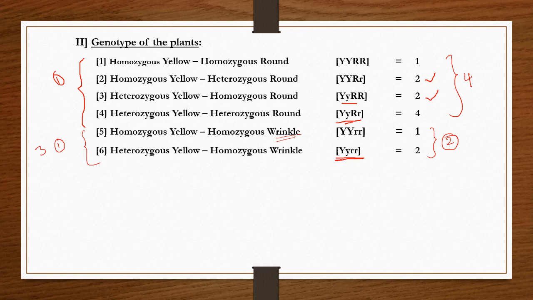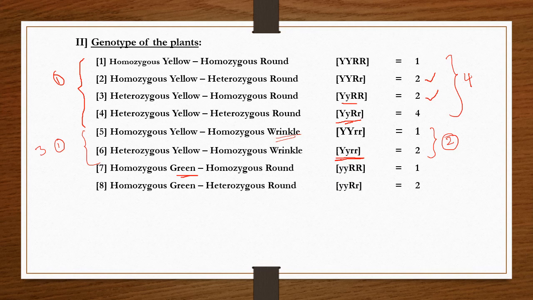Now let's go for another gene composition. Homozygous green, green is recessive, that means it is always small y, small y. And homozygous round, round is dominant, with both homozygous, capital R, capital R: one individual with this gene composition.